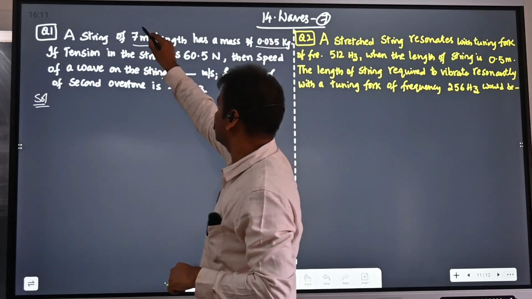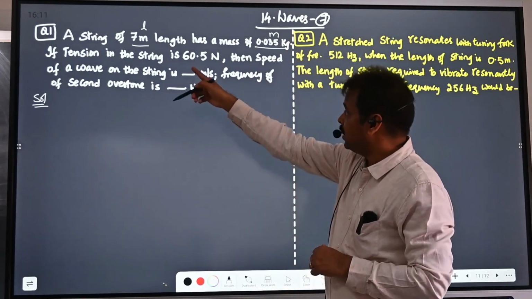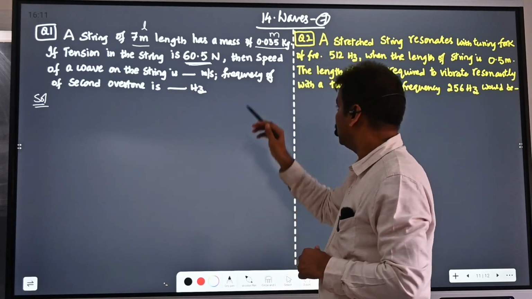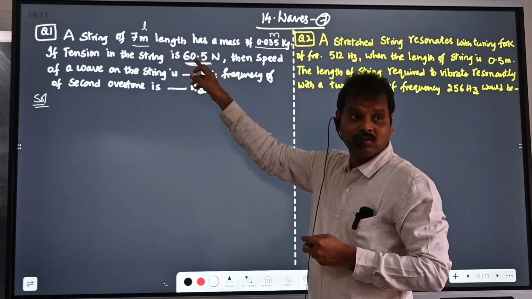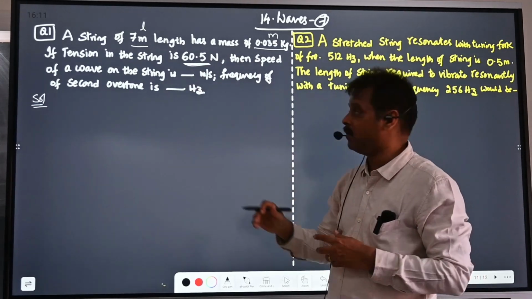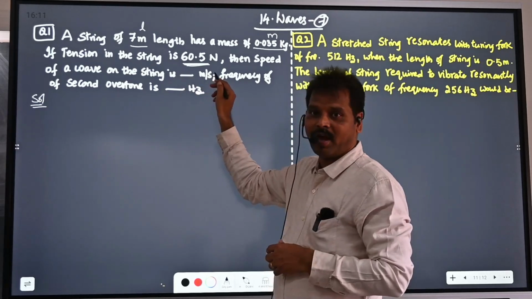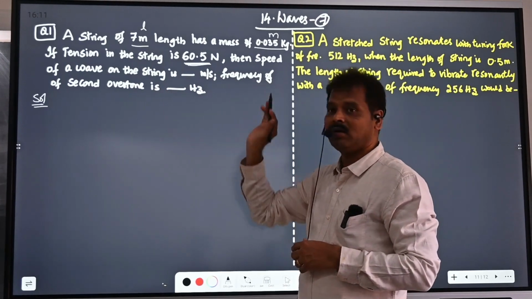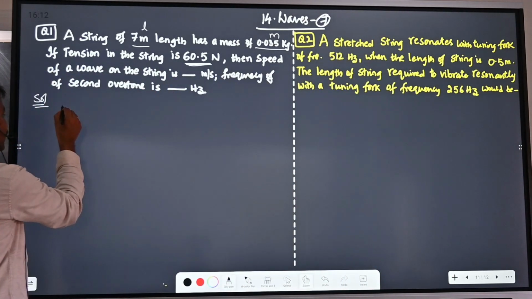This is the length of string L, this is mass of string M. If tension in the string is 60.5 newtons, while reading the question sometimes some students may misread this number, be careful. Then the speed of a wave on the string is dash meter per second and the frequency of second overtone is dash hertz.